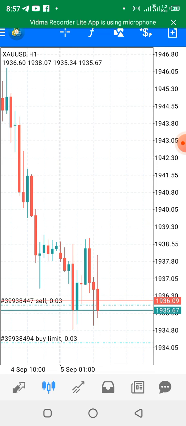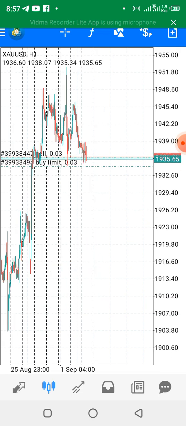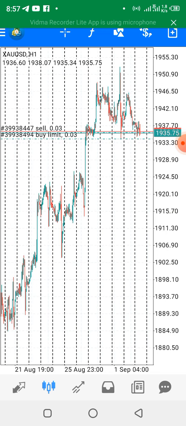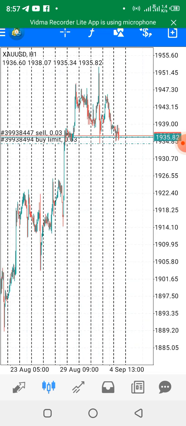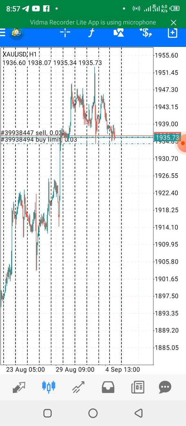Now, this place will put our buy limit. Let me compress this a little. Now, you can see that this market has a lot of places to cover selling downwards, right? A lot of inefficiencies and all of that.